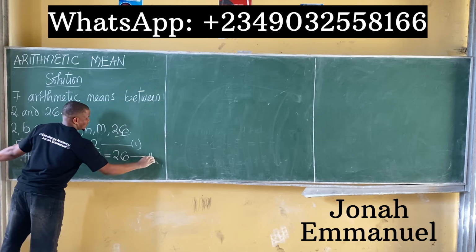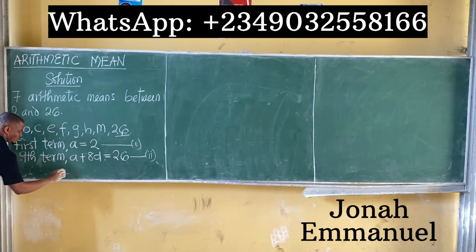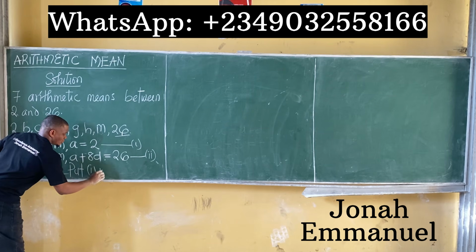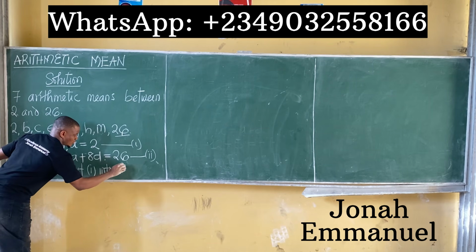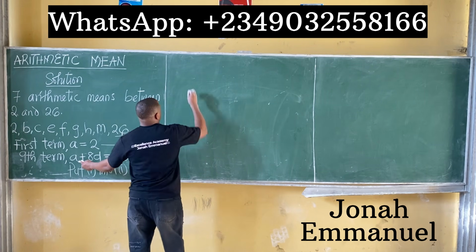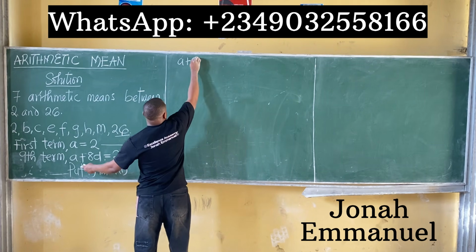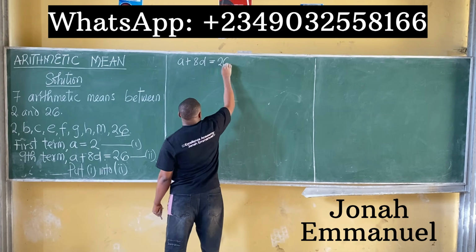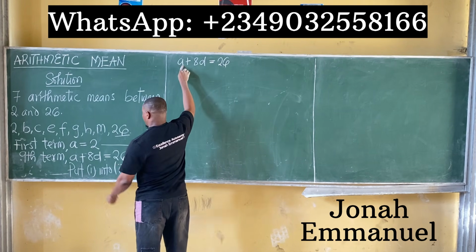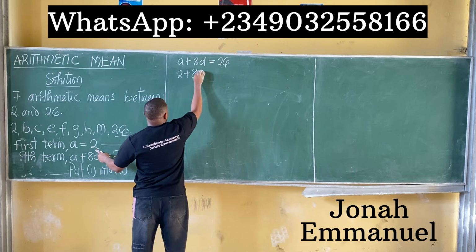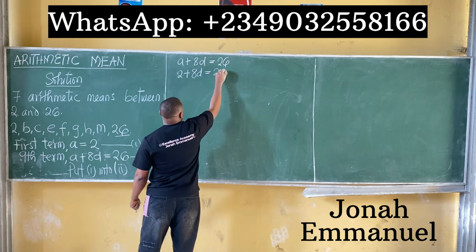Let's call this equation 2. If I put equation 1 into equation 2, you have A plus 8D is equal to 26. What's the value of A? 2 from 1. So 2 plus 8D is equal to 26.